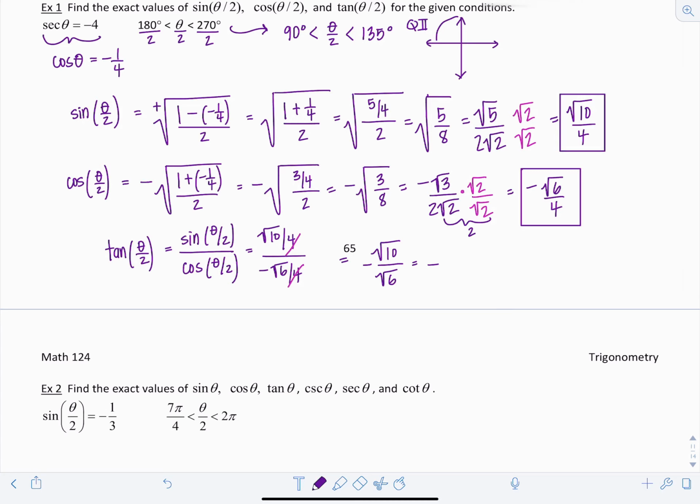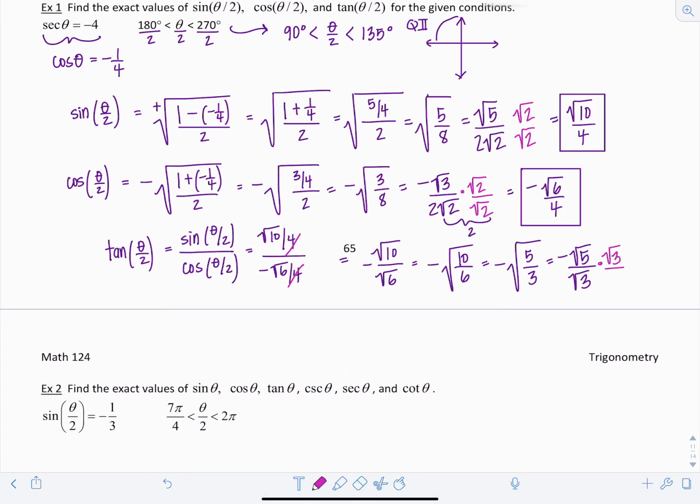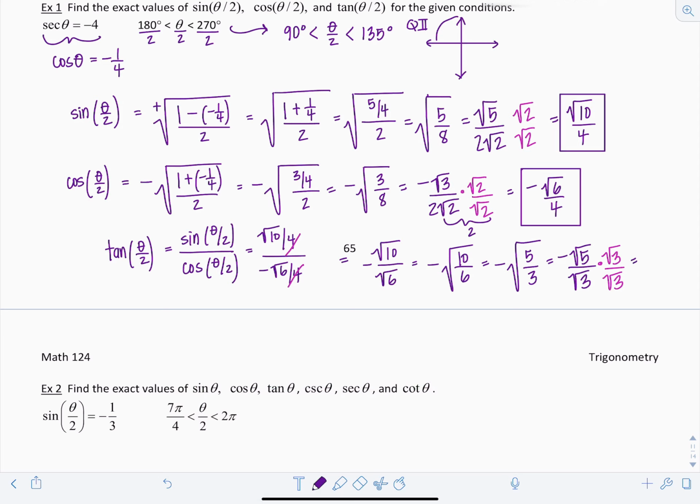Well, I can write this as negative rad 10 over 6, which is negative rad, I can divide out a 2, 5 over 3. So that's negative rad 5 over rad 3. And then we rationalize. And final answer is negative rad 15 over 3. Okay.